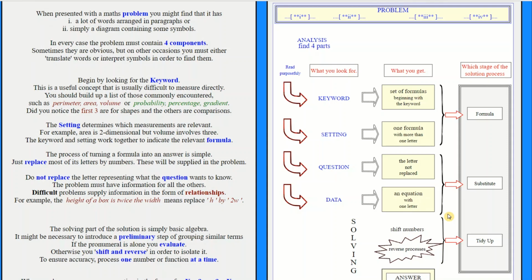We know that the question or task is not going to be a letter replaced, but the numerical data or relationships will be. And after replacing those, we have an equation with one letter. In other words, we have completed the substitution section of our three-step solution process.